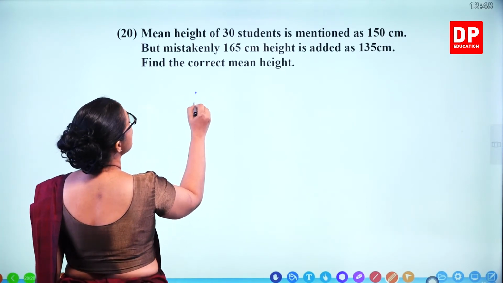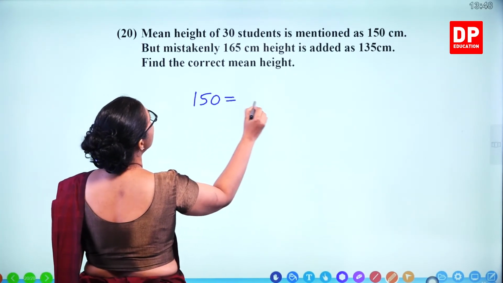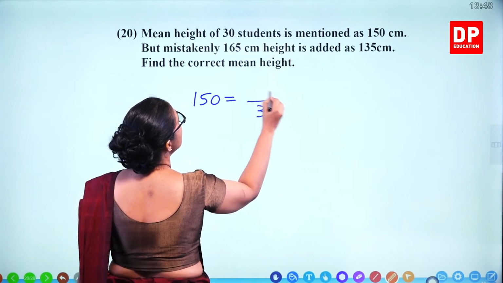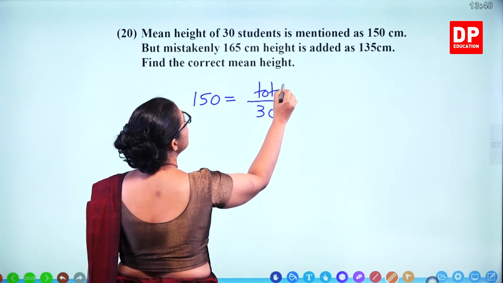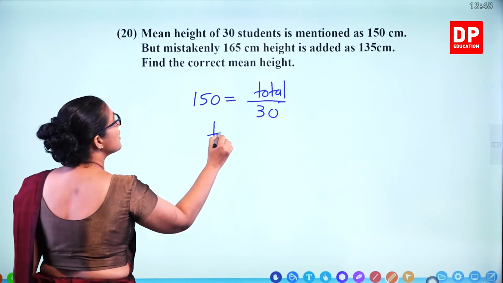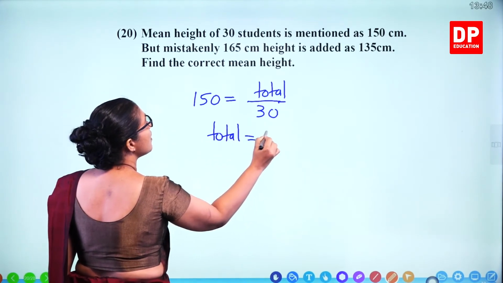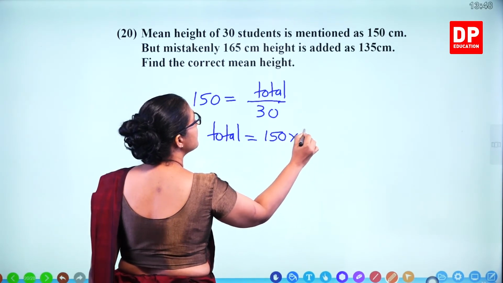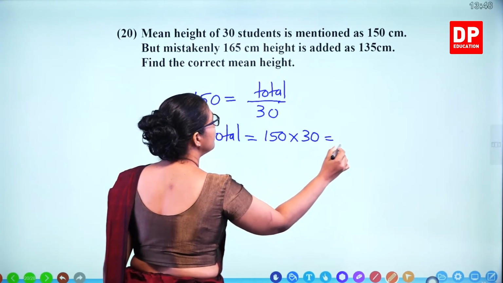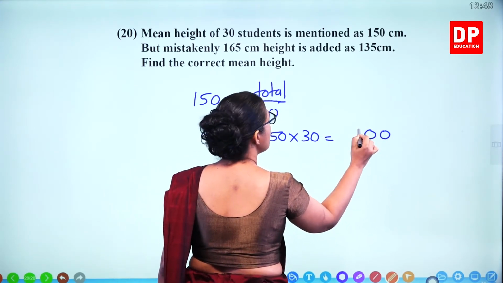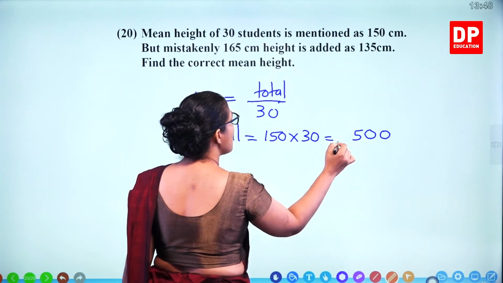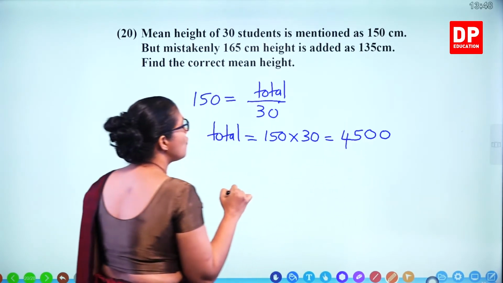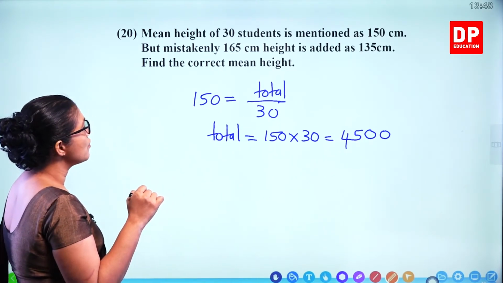Mean is 150 for 30 students, and you can find the total there. 150 times 30. 4,500 is the total.